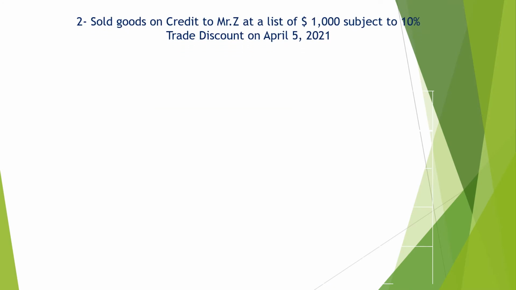Sold goods on credit to Mr. Z at a list price of $1,000 subject to 10% trade discount on April 5th, 2021. You will notice that in this example, there is a discount on list price.